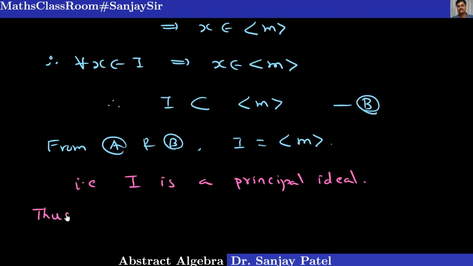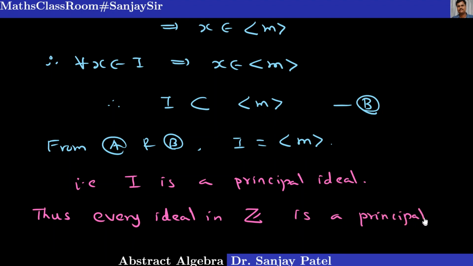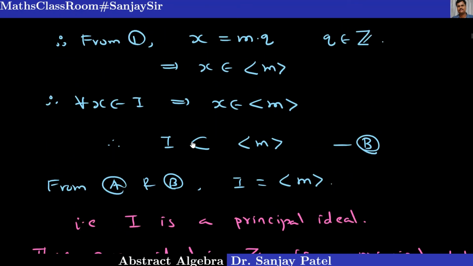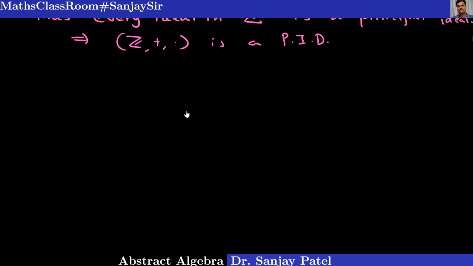So every ideal in Z is a principal ideal. This implies the ring Z plus dot is a principal ideal ring or principal ideal domain, because it is an integral domain. So this is a very important example of a principal ideal ring, the ring of integers.